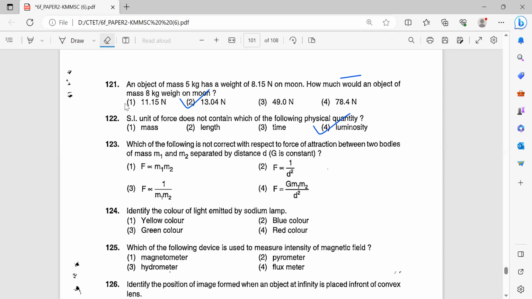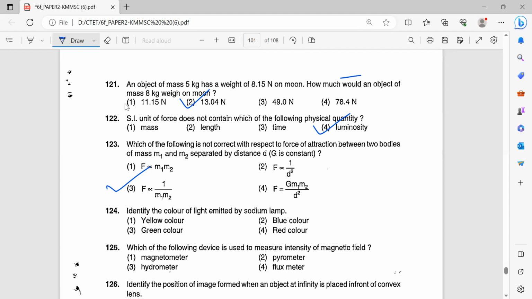First one is correct. Second one is also correct. Fourth one is also correct. So third option, F, that is force, is not inversely proportional to the product of their masses. Force will be directly proportional to the product of the masses of the two bodies. So option 3 is the right answer.